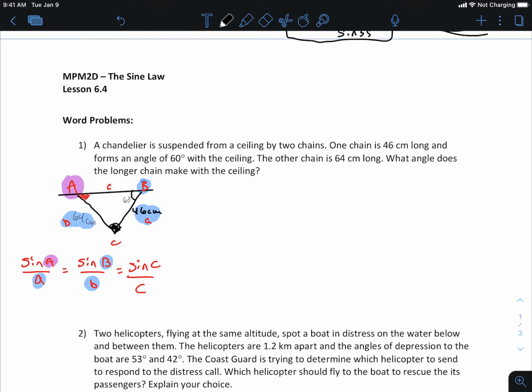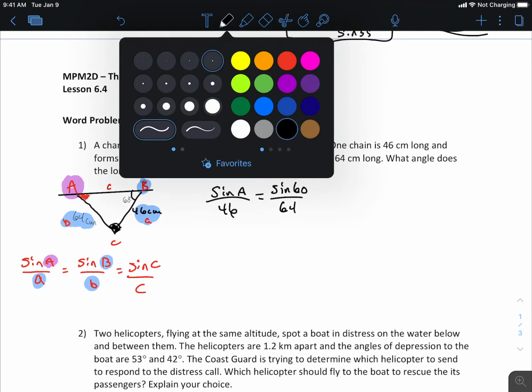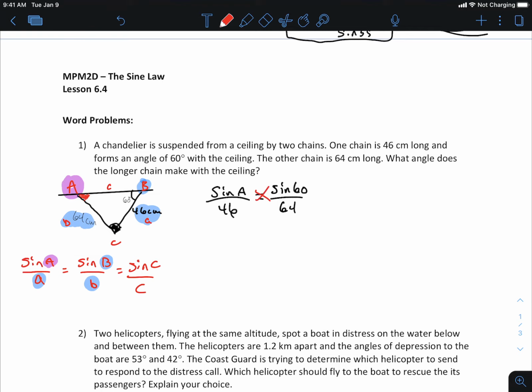So we get sine of A, angle A, over 46 is equal to sine of 60 over 64. At this stage we can cross multiply.